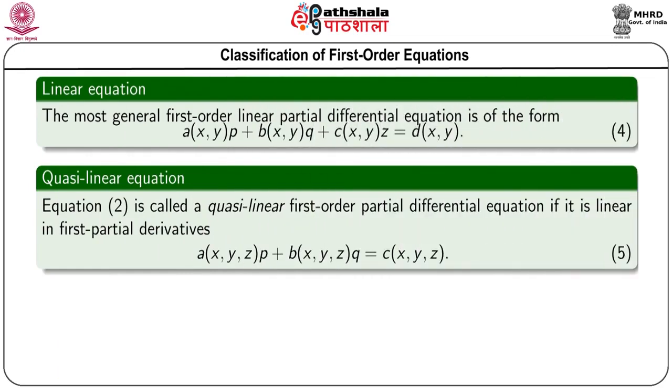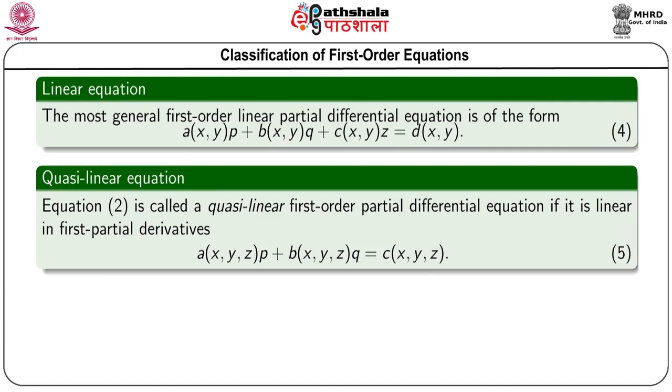Now, a first order differential equation is called linear if it is linear in its derivatives. So, the general form of a first order linear differential equation is given by equation number 4, where small p and small q are respectively del z by del x and del z by del y.